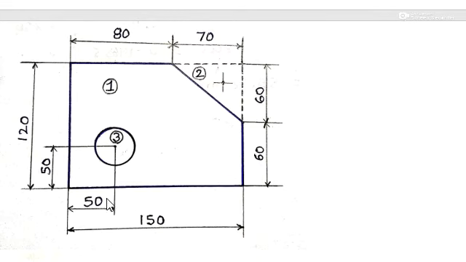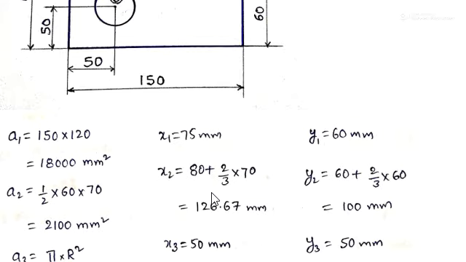It is given in the question that the center of the hole is 50 mm from the bottom edge and left edge. So x3 will become 50.